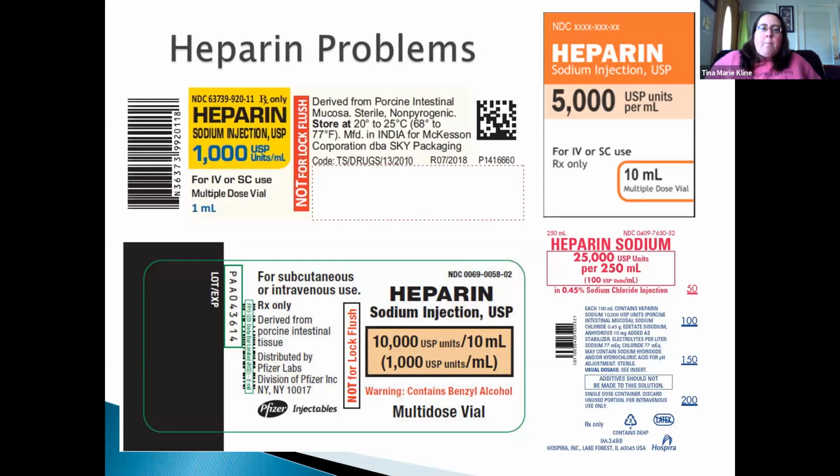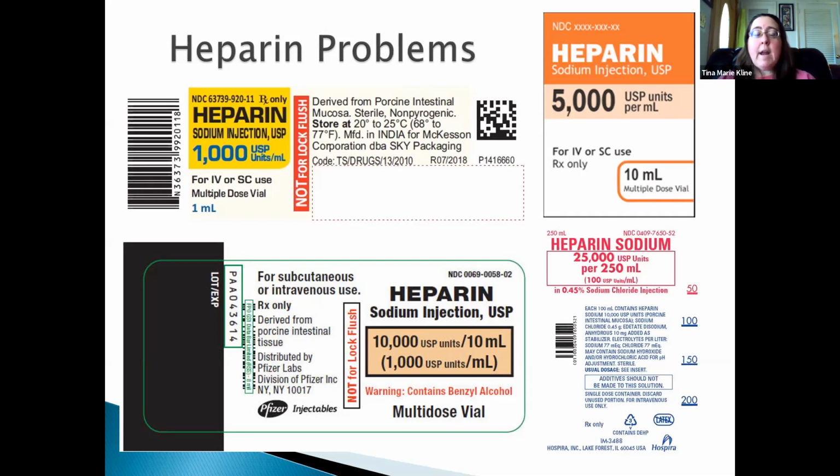I just want to say a couple things about this slide. I put this slide in here, in the class PowerPoint, and in the online worksheet for a reason. Heparin is considered a high-risk medication. So if you go back to basic pharmacological principles, that means there's a high risk for injury to the patient if something goes wrong. So for IV heparin, it's a high-risk medication.